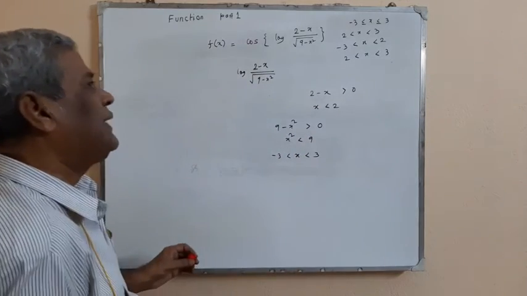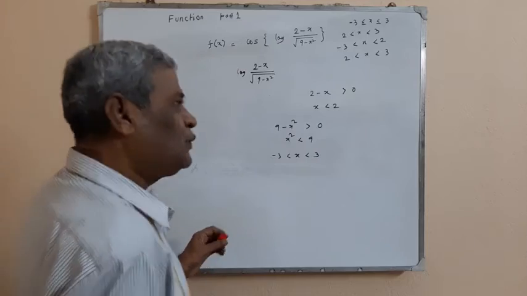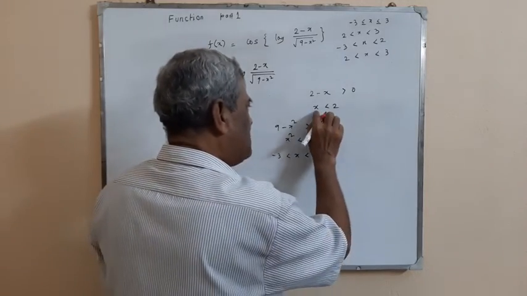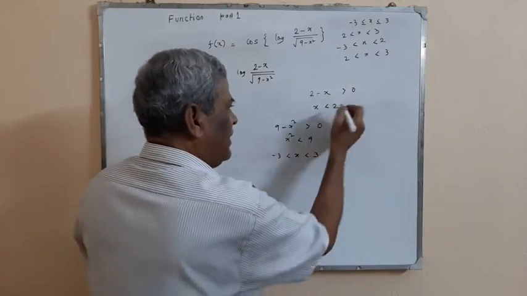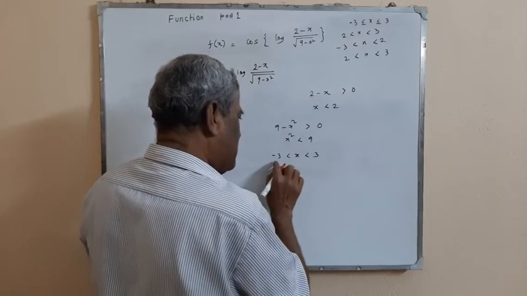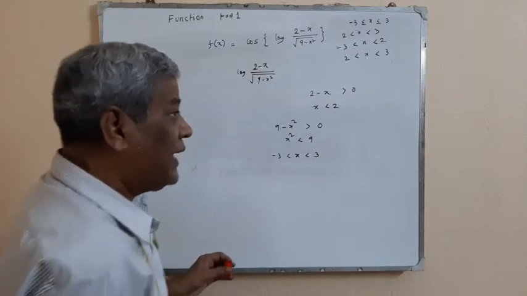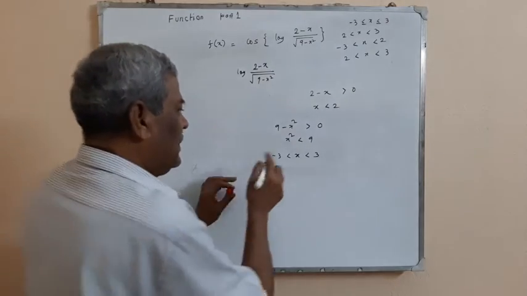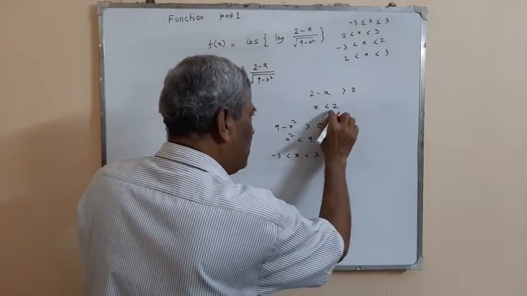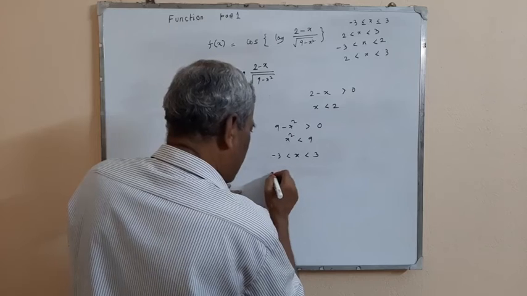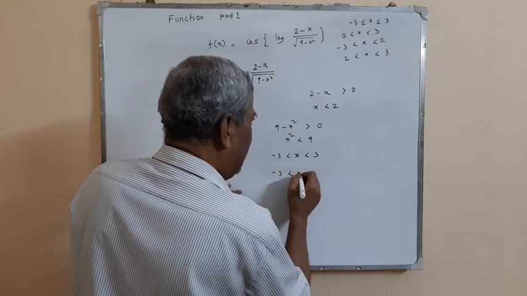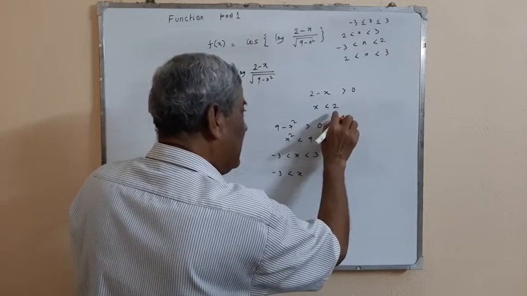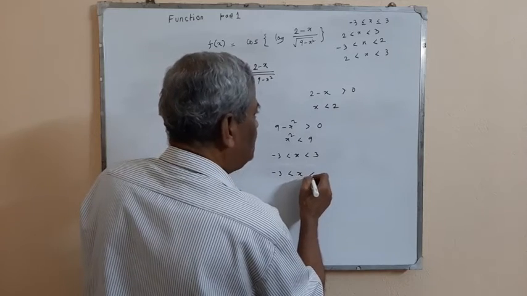So we get two things. Number one, x must be less than 2, and number two, x must lie between minus 3 and 3. We have to find the common values. The common value between this and that is minus 3 less than x less than 2.